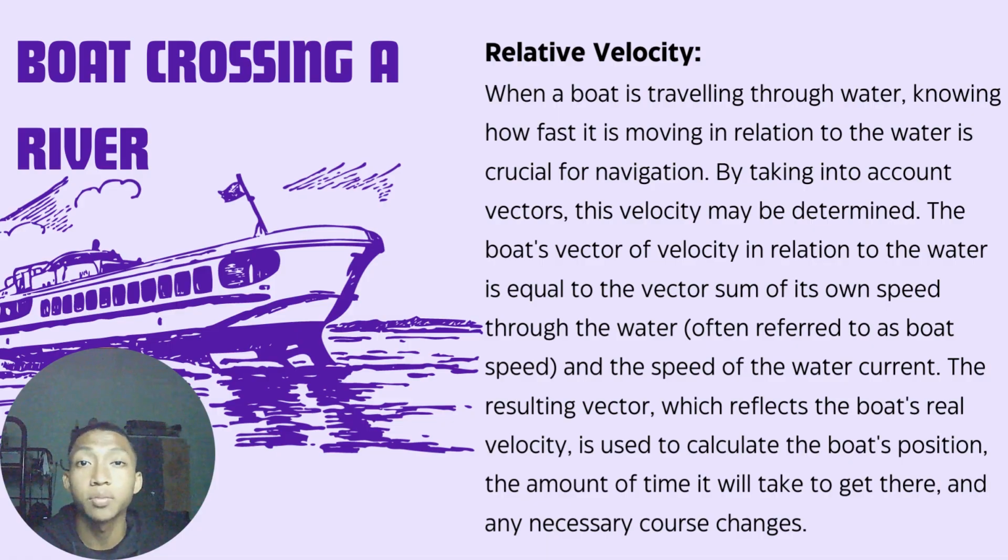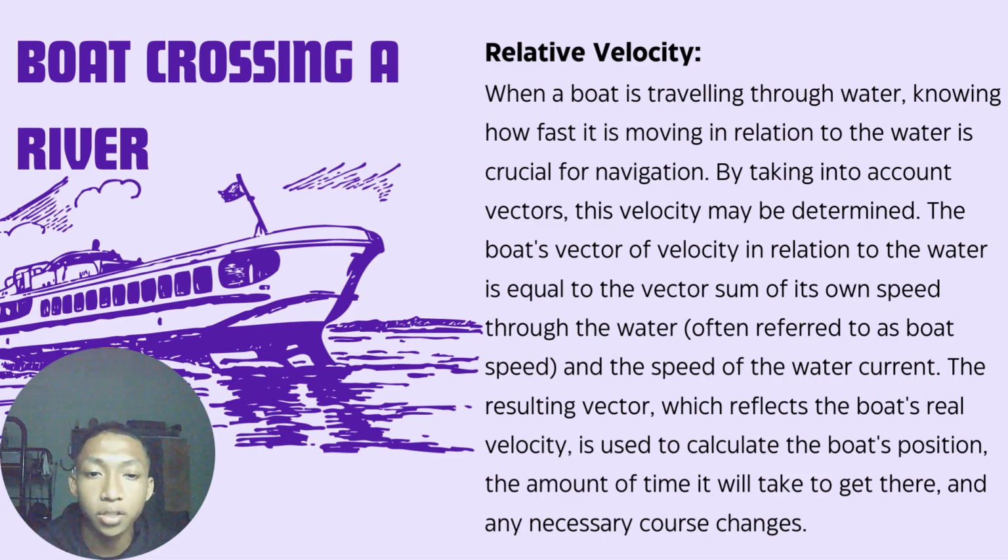The next example is a boat crossing a river. Relative velocity: when a boat is traveling through the water, how fast it is moving in relation to the water is crucial for navigation. By taking vectors into account, this velocity may be determined.